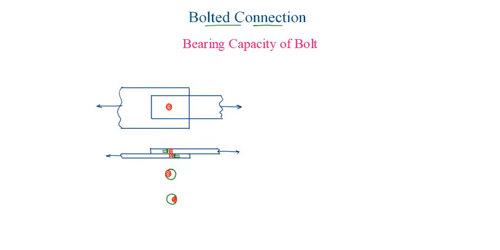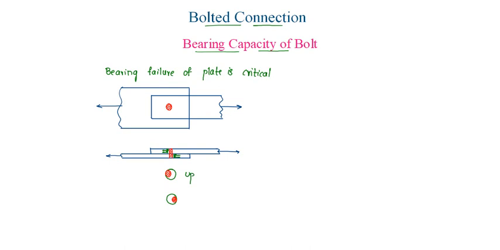Bolted connection, bearing capacity of bolt. In general, bearing failure of plate is critical. The applied load acts on the bolt in two different directions in two different plates.